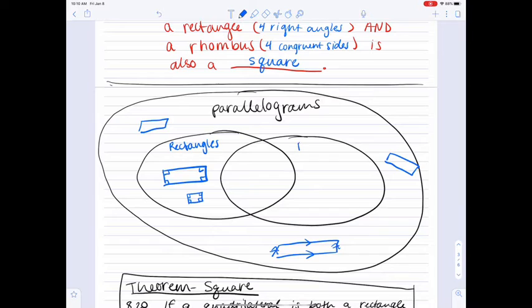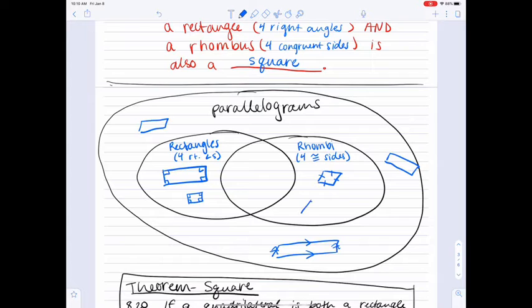All right, and then over here, we have rhombuses, which are actually rhombi when it's plural. So in this side, so over here, I'm gonna write 4 right angles. Okay, and then on this side, all we need is 4 congruent sides. So over here it can still be slanted, but all 4 sides need to be congruent to each other.